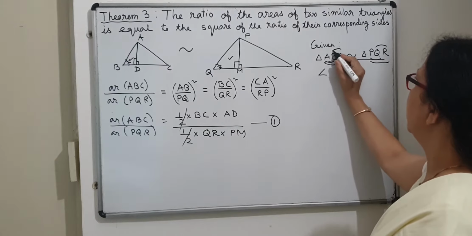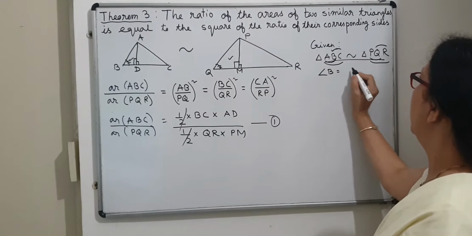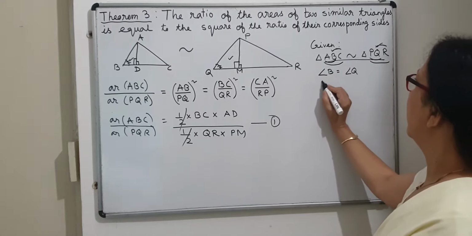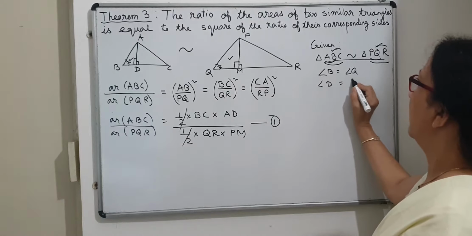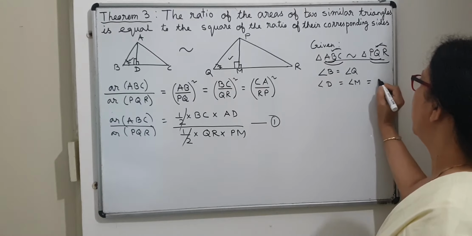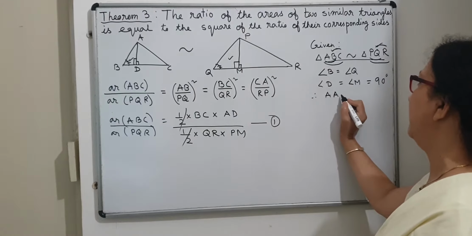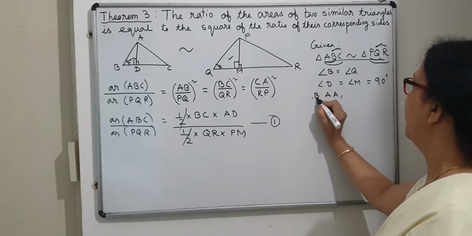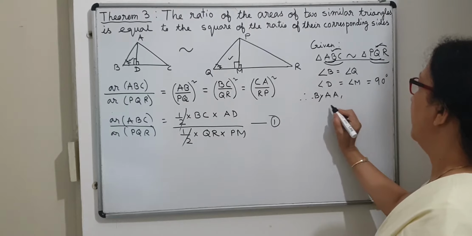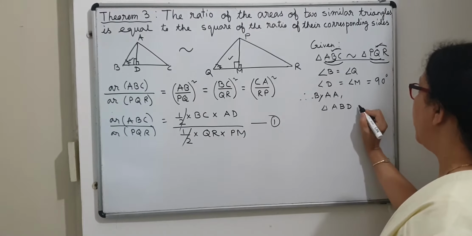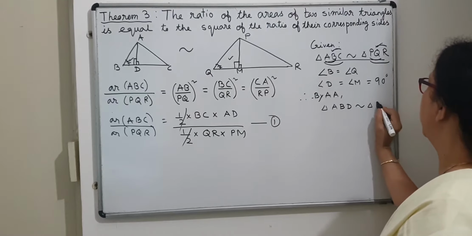So angle B will be equal to angle Q, and angle D is equal to angle M, which is equal to 90 degrees by construction. Therefore, by AA criteria, triangle ABD will be similar to triangle PQM.